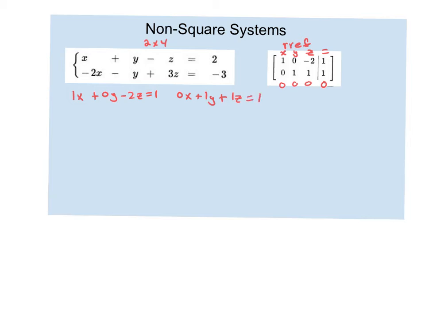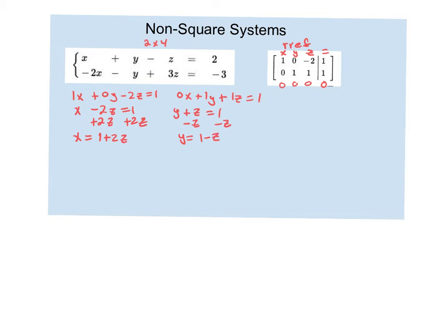When I simplify this, I'm going to have just x minus 2z is equal to 1. And here we have y plus z is equal to 1. So I'm going to add 2z, and I get that x is equal to 1 plus 2z. Here I'm going to subtract z, and I end up with y equals 1 minus z.